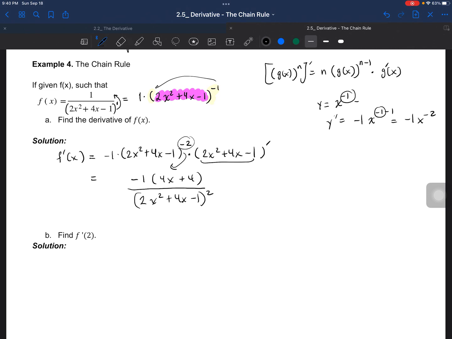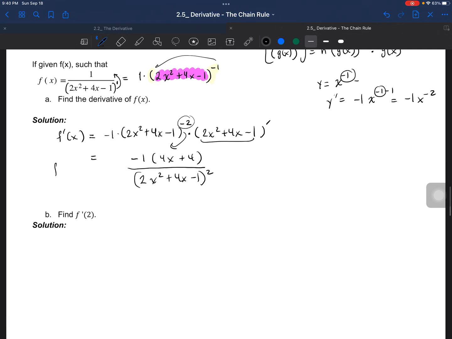When you move the function to the denominator, we change the sign of the power. So there you go. That's our derivative. You found it.